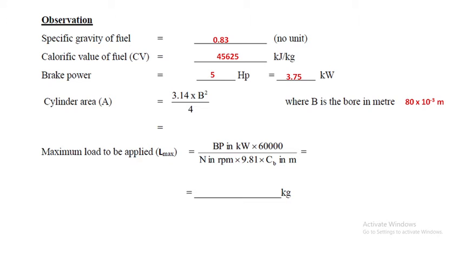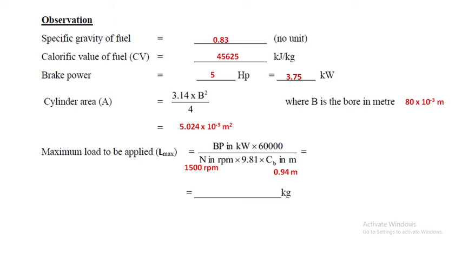Then calculate the maximum load that can be applied to the engine in terms of brake power in kilowatt. We know that it is 3.75, and then N in rpm is the speed. It is a constant speed engine, so we are fixing it as 1500 rpm. Then CP is the circumference of the brake drum.